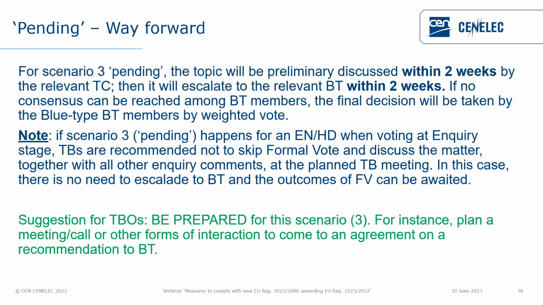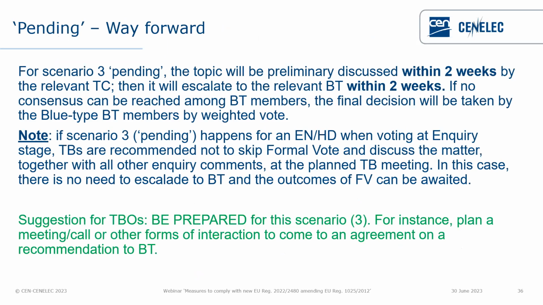Okay, so what is expected in case of pending? The topic to be preliminarily discussed within 2 weeks by relevant TC, then it will escalate to relevant BT within 2 weeks. If no consensus can be reached among BT members, the final decision will be taken by blue type members in the BT, of course.